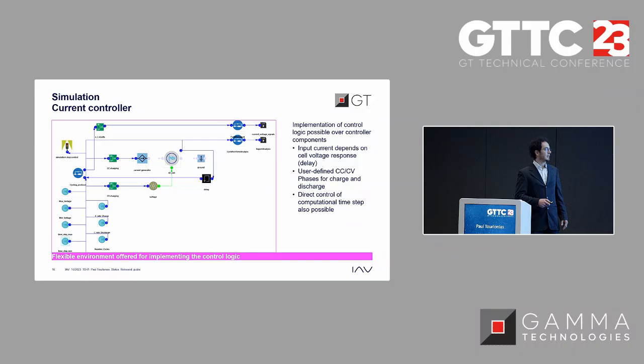So basically, you need the opportunity to define some CCCV phases for charging and discharging, also for doing some loops, cycling, and this is also available in that specific graphic user interface.